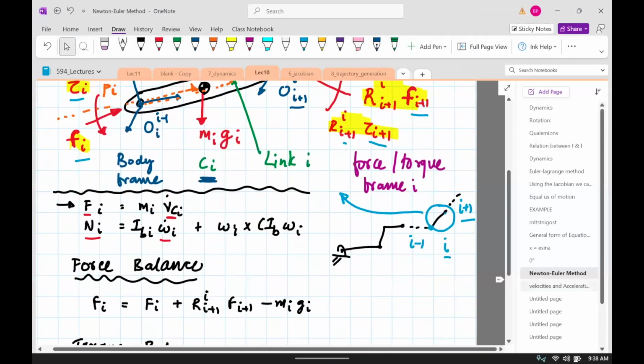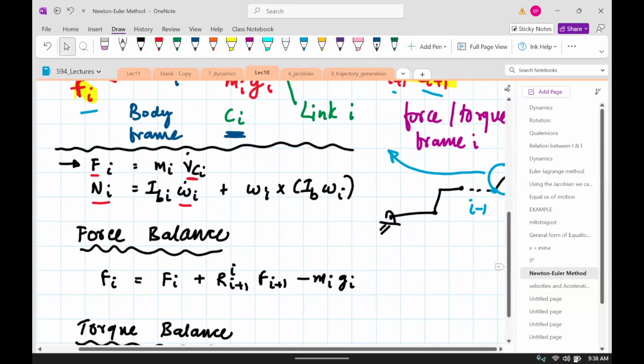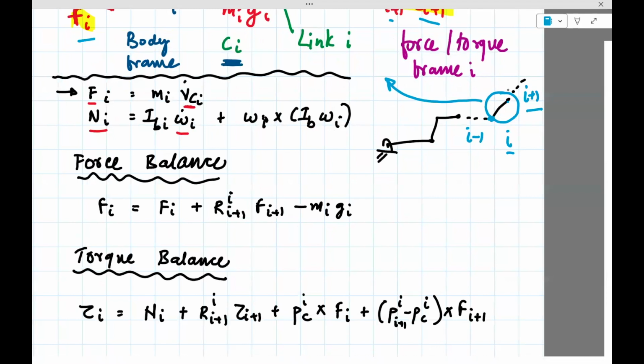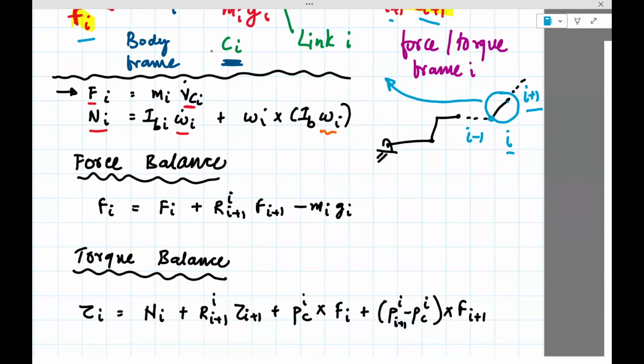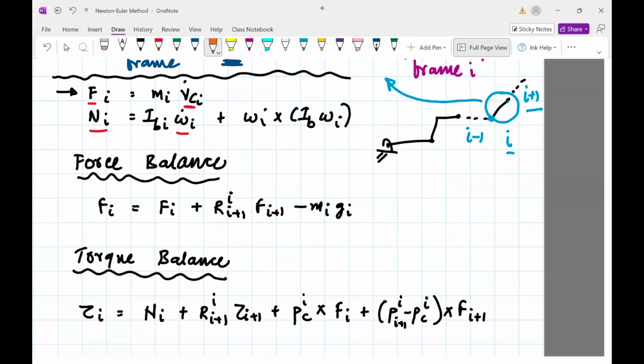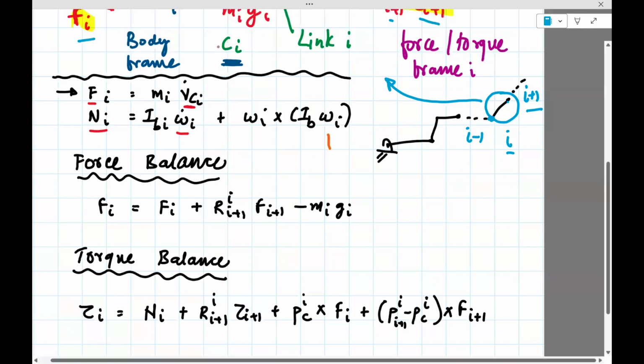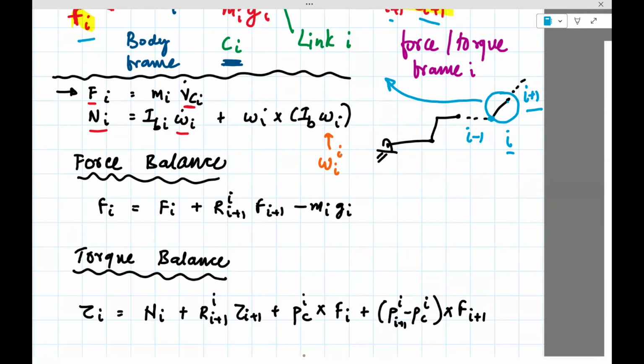Here, it's going to cause a lot of clutter if I try to write omega with all its indices. This is in body frame. All the angular velocities are in body frame. You can just keep it as omega I, and this omega I is to be interpreted as omega I with respect to I, so it's definitely body frame.